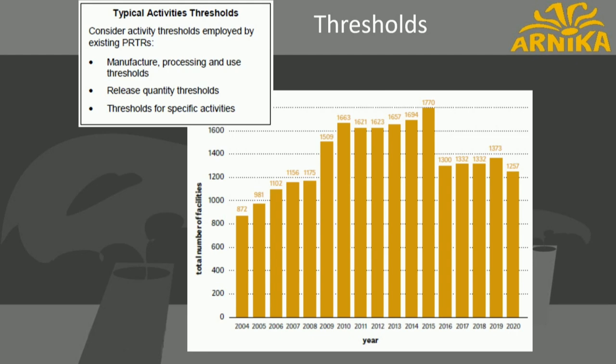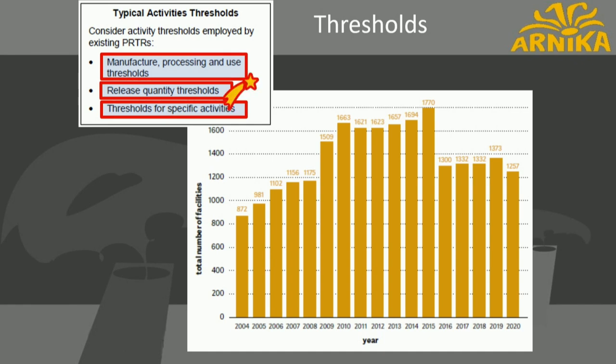Another important aspect is how the reporting thresholds are set up. We see that setting the obligation to report based on release quantity thresholds is best, because when you add limits for manufacture, processing and use thresholds, or thresholds for specific activities, you decrease the number of facilities obliged to report, which is quite visible, again, in the example from the Czech Republic.